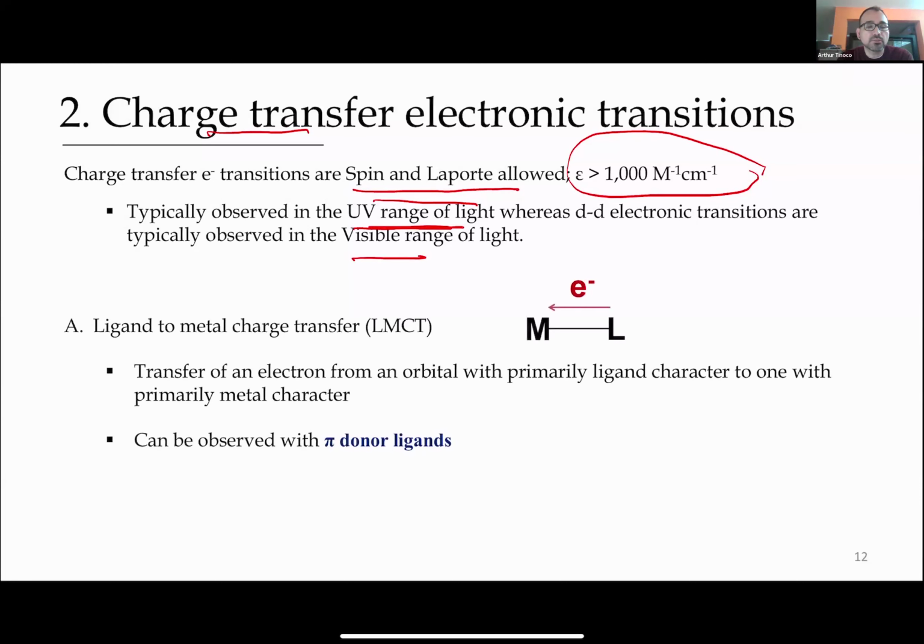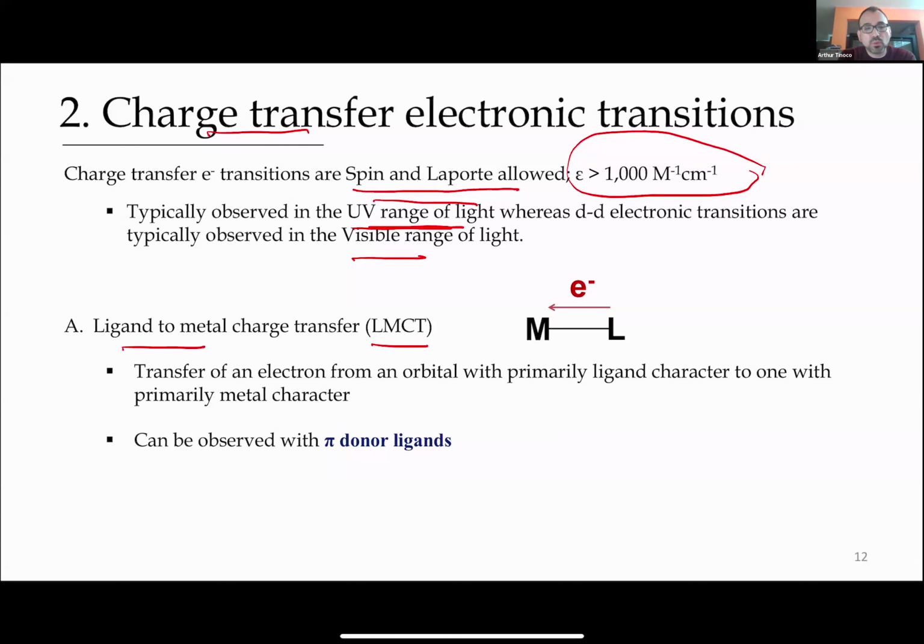So let's define what these types of transitions are. Even though we were using crystal field theory to talk about the d-d electronic transitions, we're also going to incorporate molecular orbital theory to an extent in our discussion here. One of the two types of charge transfers is called the ligand to metal charge transfer, abbreviated LMCT.